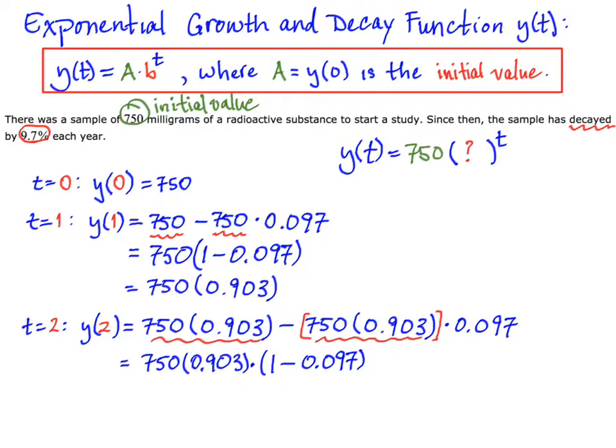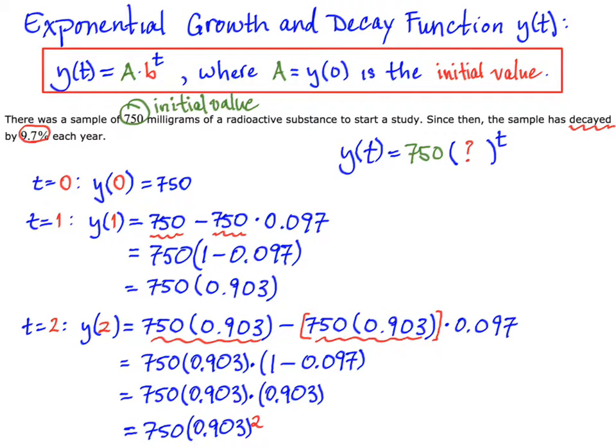And now 1 minus 0.097, I saw before, that's just the number 0.903. So I just simplified the 1 minus 0.097. And now notice I have 750 times 0.903 times another 0.903. So I can write that as 750 times 0.903 squared.